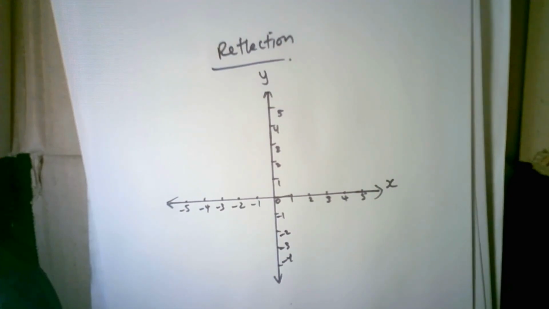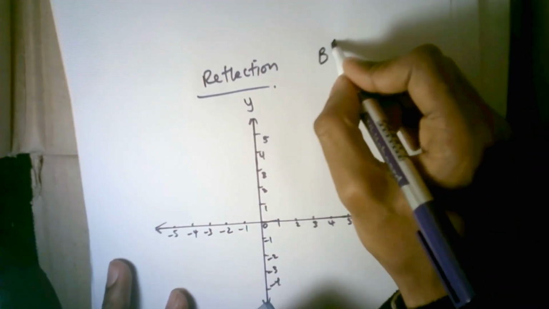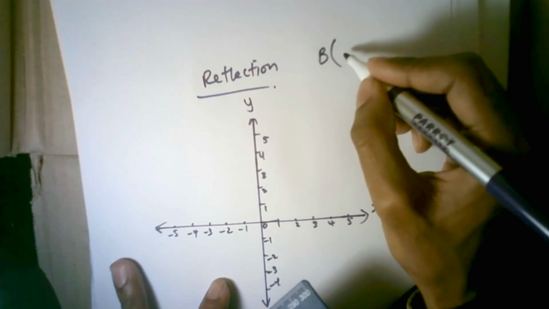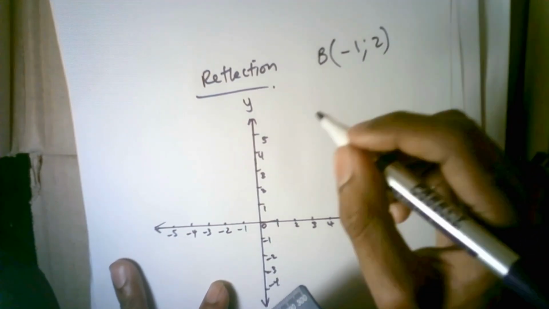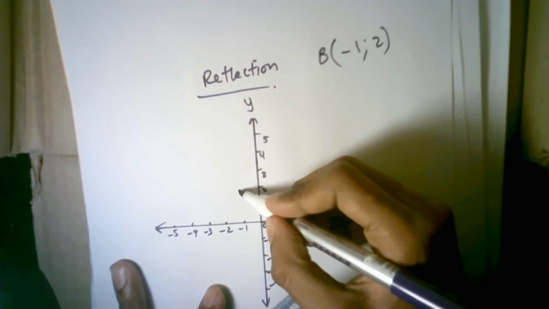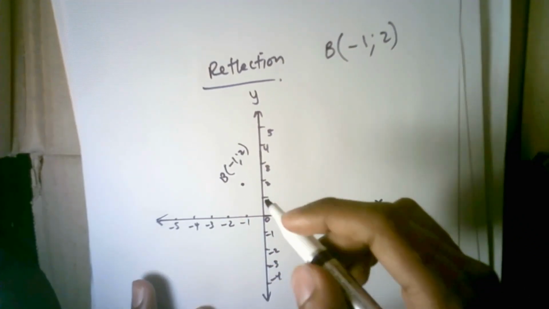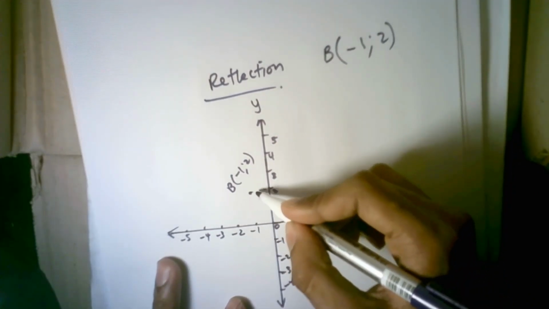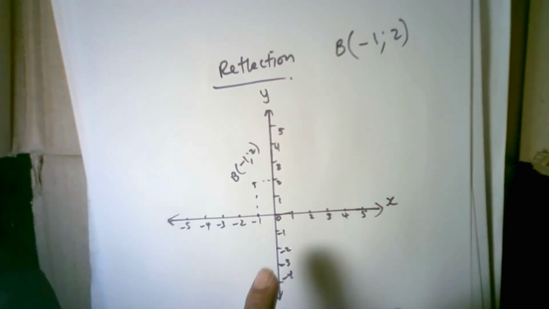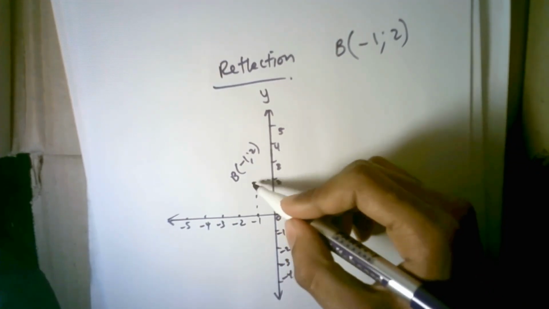Okay, so let's take a random point. Let's take point B. Let's say the point B is negative 1 and 2, for example. Negative 1, 2. You can see that's negative 1, 2. It's the coordinate here.